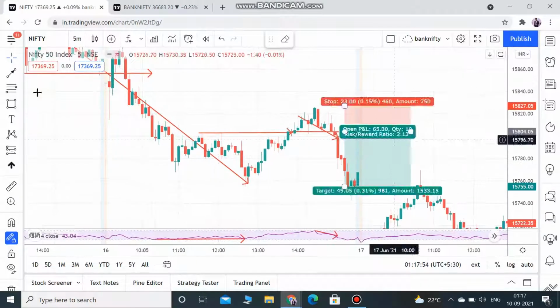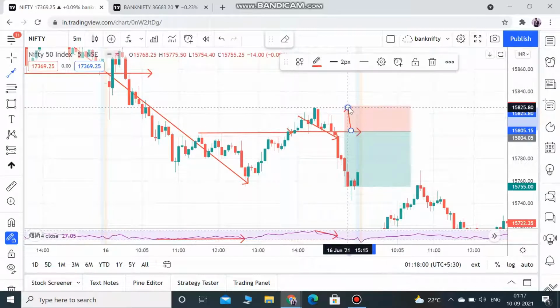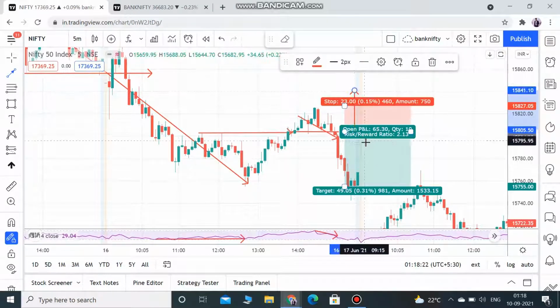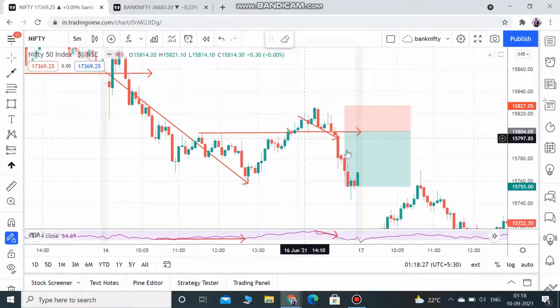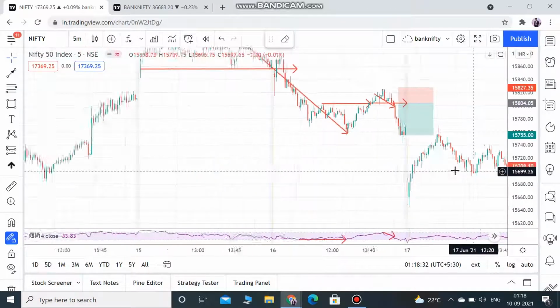If the market goes above this line, you know that it makes no sense for me to stay in the trade. Trading pullbacks is always good with the recent highs or recent lows, and dealing with the stop loss. So this will be my stop loss, and whenever the market goes above this, obviously it makes no sense for me to trade. So my stop loss will be above this, and the target is on you.